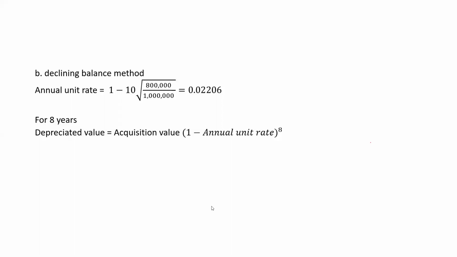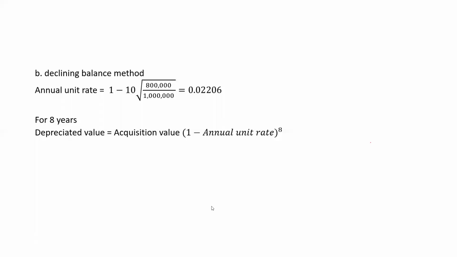977,400. Can you check that again? 836,561. 836,561 point what? 0.13.